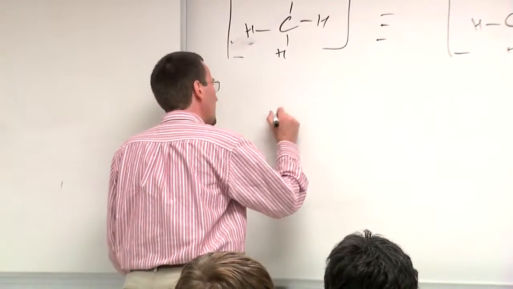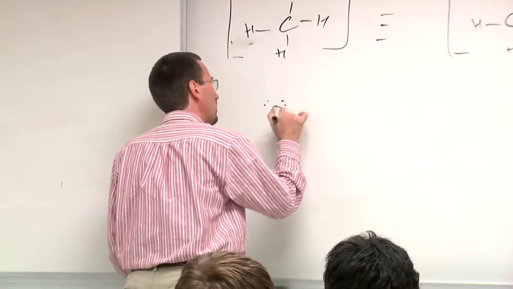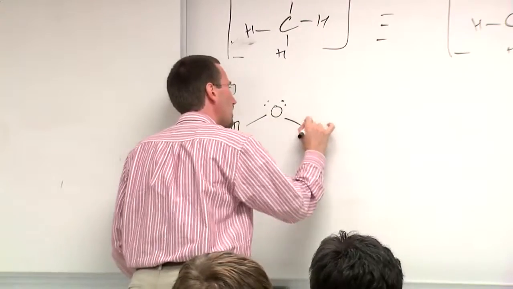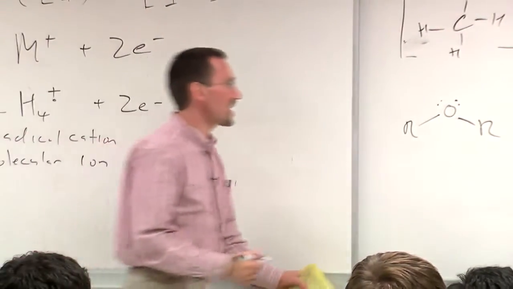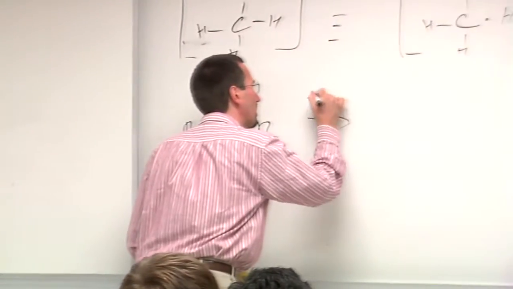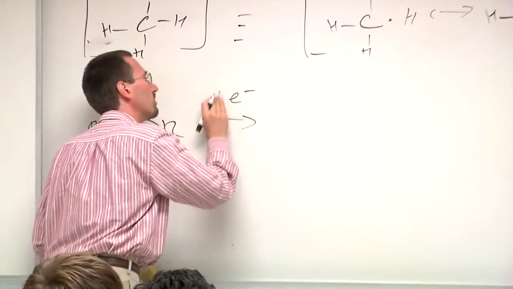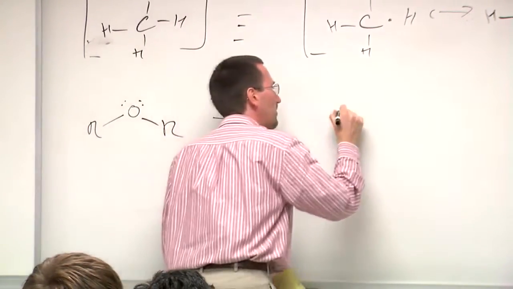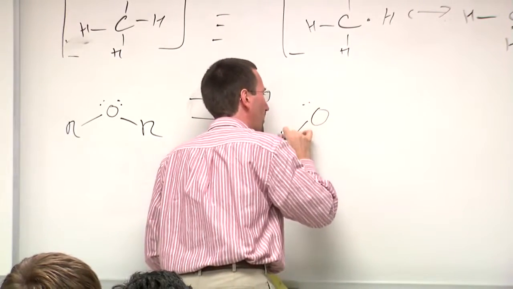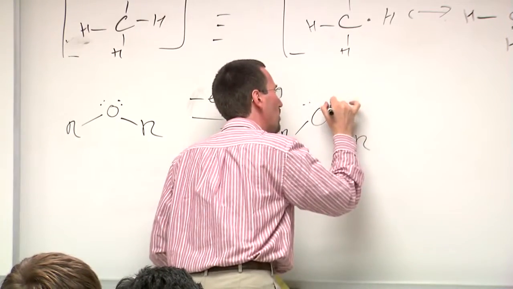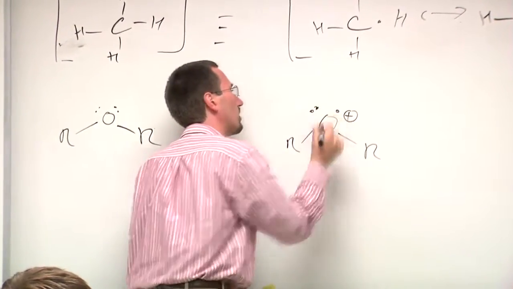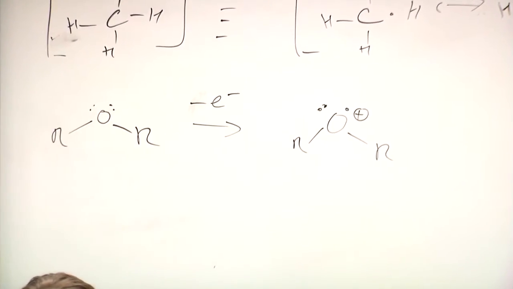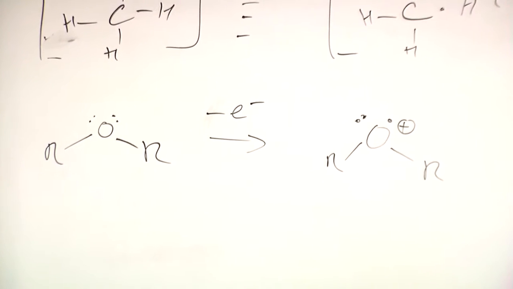orbitals. So in the case, for example, of anything with a lone pair, such as an ether, if you go ahead and you take away an electron, whoops, that's minus e minus. If you take away an electron from this, you can say, OK, it doesn't look very good, but there's my molecular ion. There's my radical cation.